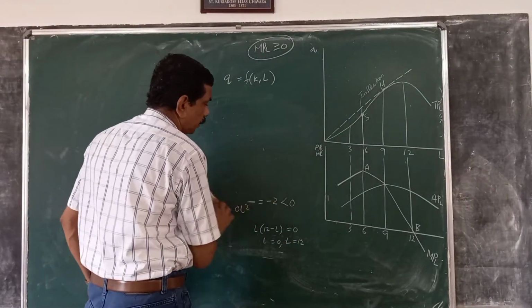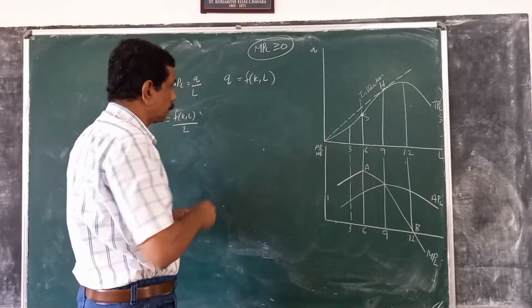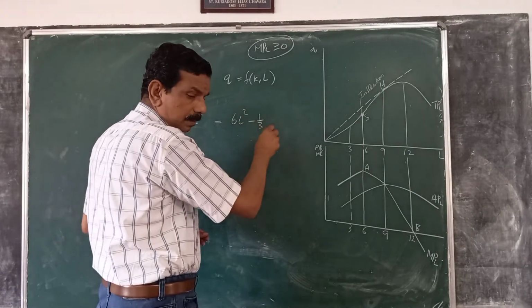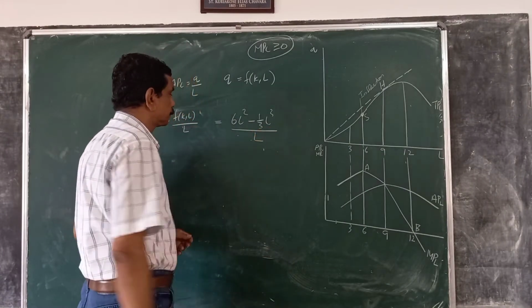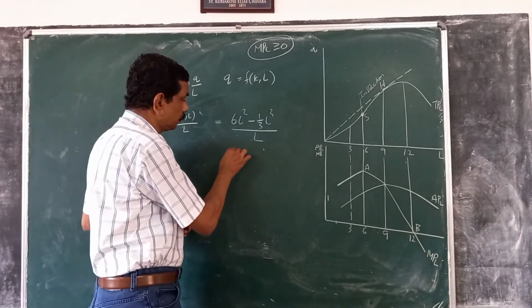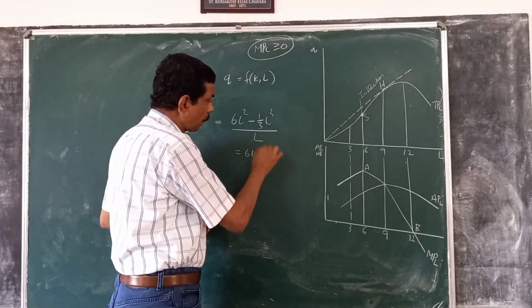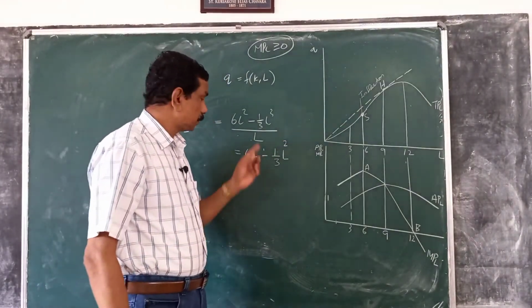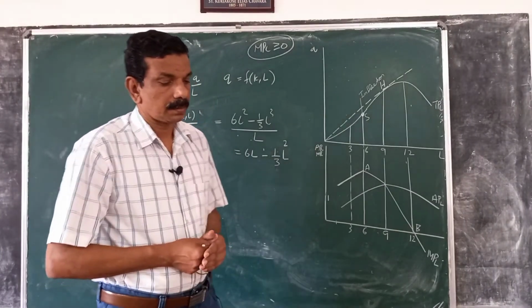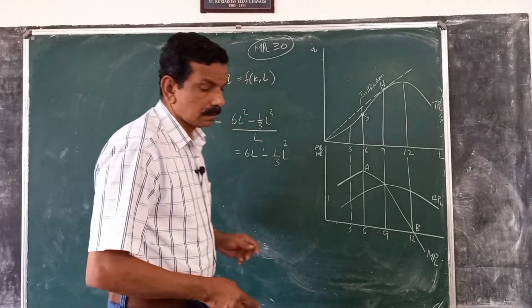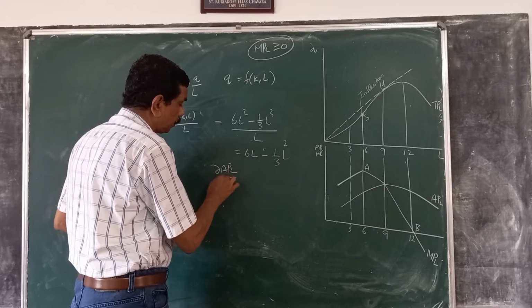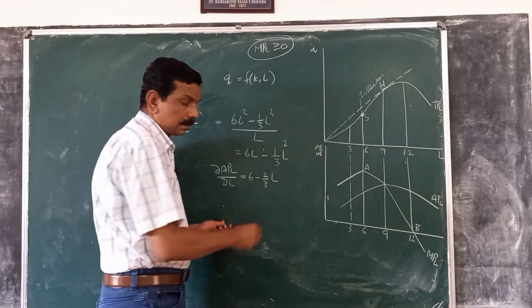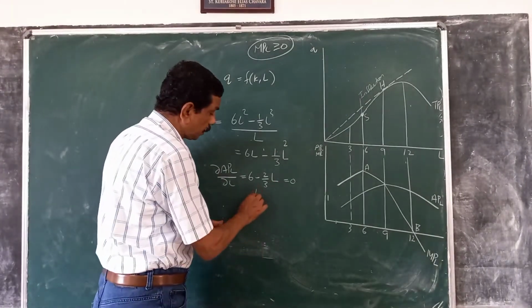This result can be derived like this. We know that APL is equal to Q by L, which is 6L² minus 1/3 L³ divided by L. Production function divided by L is equal to 6L minus 1/3 L². And ∂APL/∂L is equal to 6 minus 2/3 L. We equate it to 0 and you will get L equal to 9.